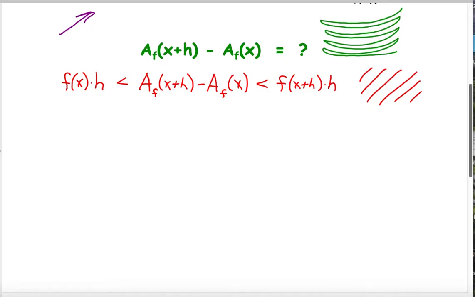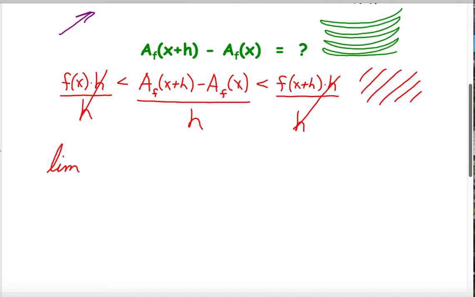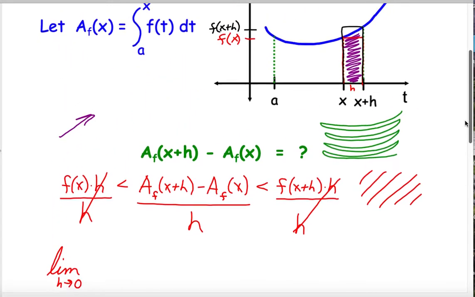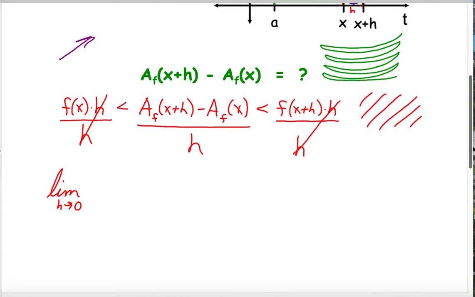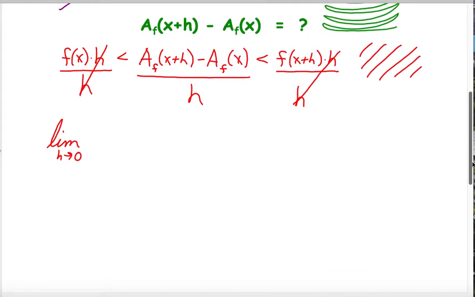So first thing is, what if we divide everything by h? And what if I take the limit as h approaches 0? So in my picture, that means x plus h gets closer to x, whichever way you want to look at it.